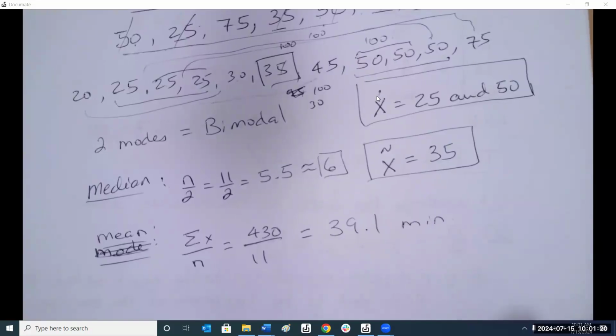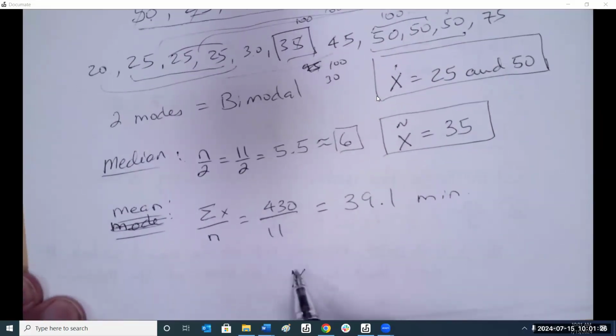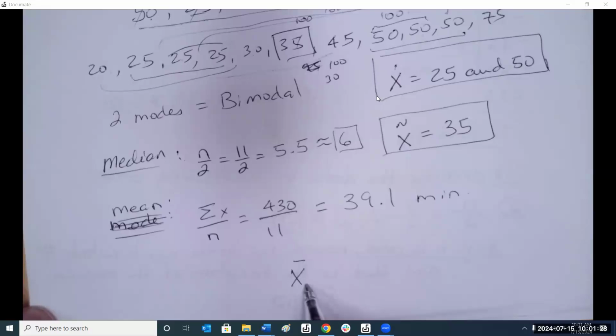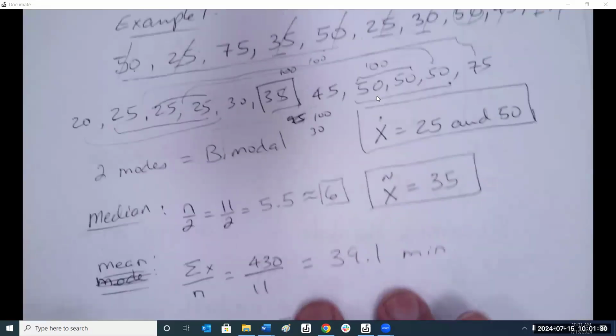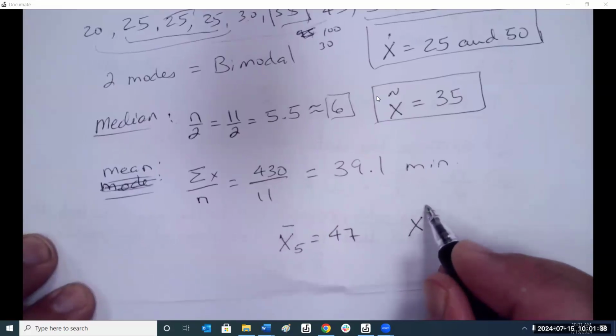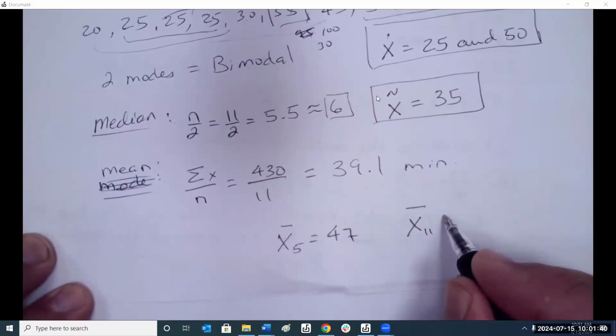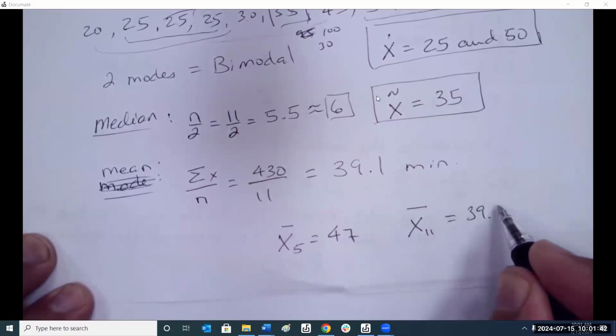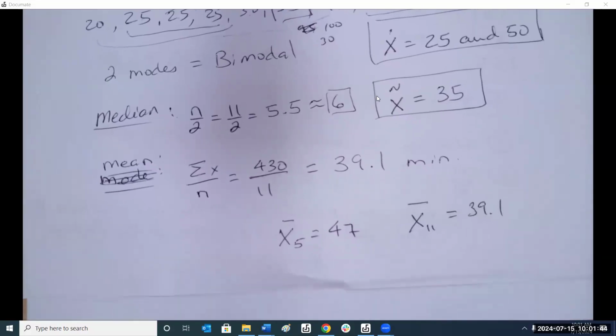The more data you have, the more accurate your result is going to be. When we had 5, the mean was 47. When we had 11, the mean is 39.1 minutes.